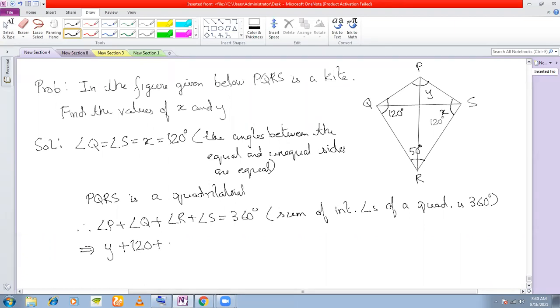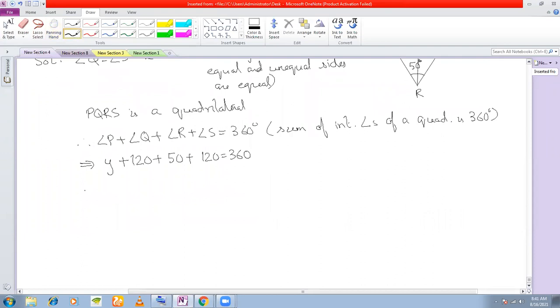Angle R is 50 degrees given. Angle S, we have found out above, right? 120. Now you can solve this equation. So y plus 290. Sir, y is equal to 70. 360 minus 290. That means y must be equal to 70 degrees. That's it.